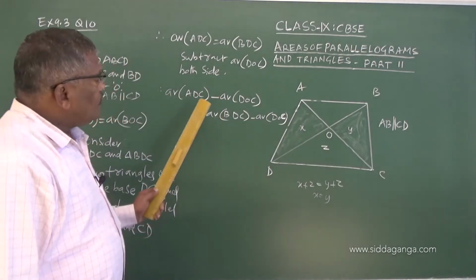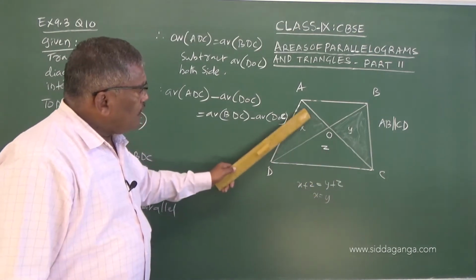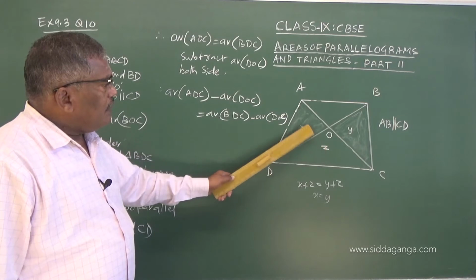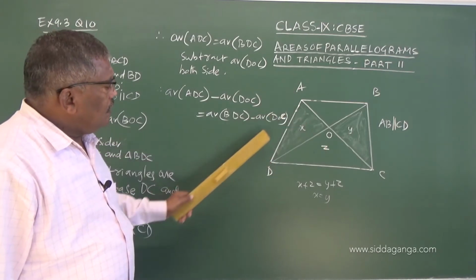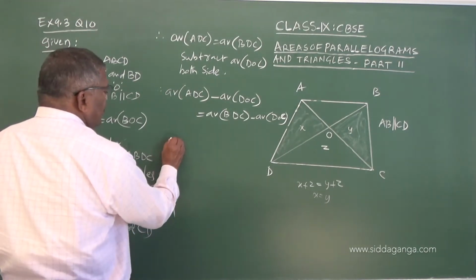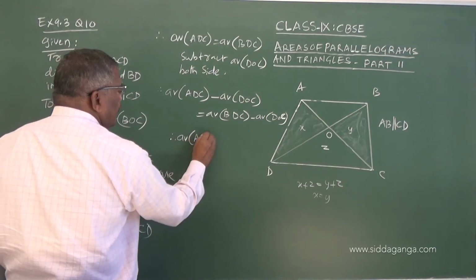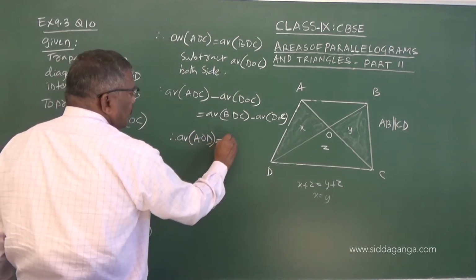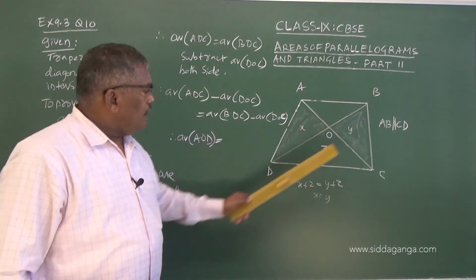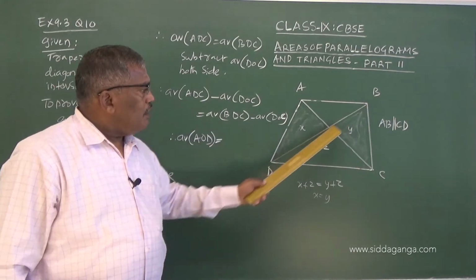Now with this equation you observe the figure. ADC is the total triangle. In this DOC is subtracted, we are left with X, that is AOD. So therefore, left hand side we will get area AOD equals, right hand side, BDC, in that Z is removed, so we are left with BOC.